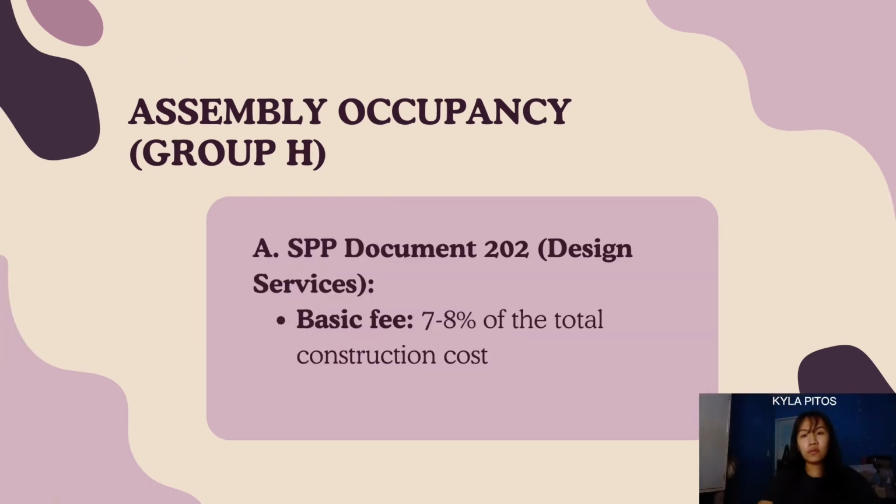The examples of professional fees under the assembly occupancy, the first one is the Document 202, which is the design services. It has a basic fee of 7 to 8% of total construction cost, which is due to the large scale and complex nature of such projects, and the fee, however, reflects the design intricacies and safety considerations required for public assembly.